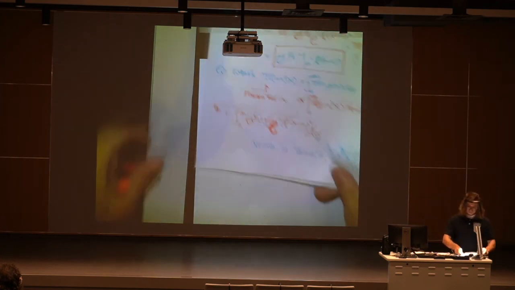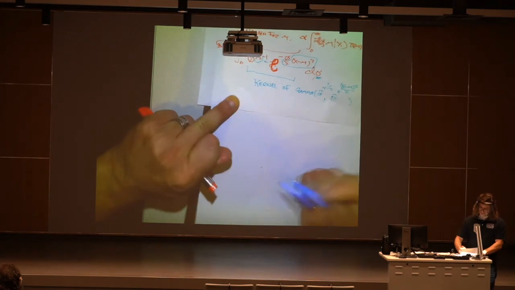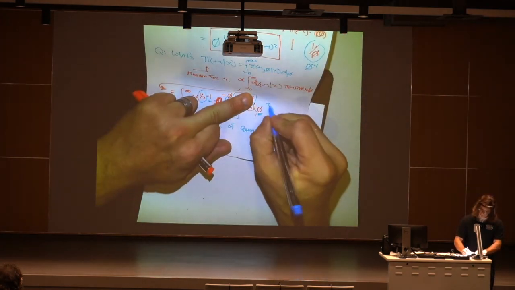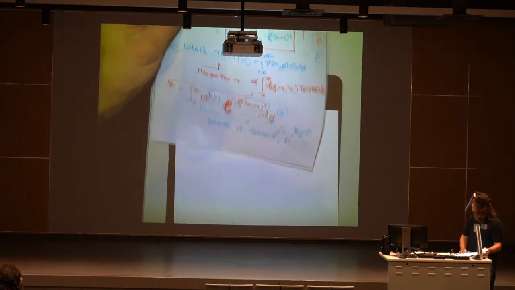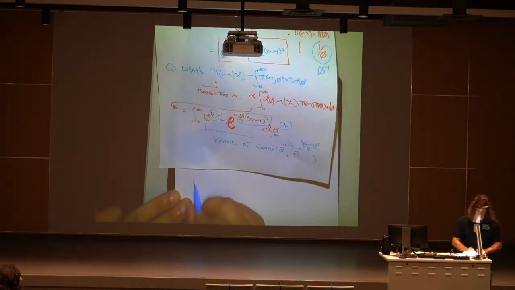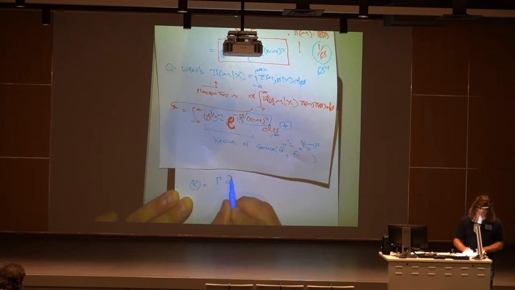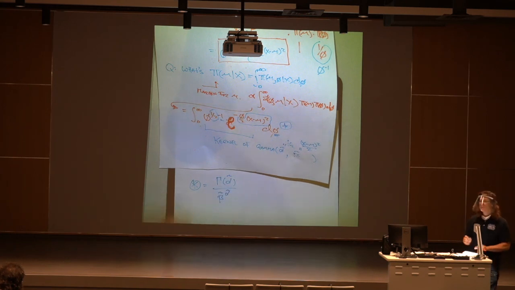So this integral is equal to gamma alpha tilde over beta tilde to the alpha tilde. So that's my thing right there.